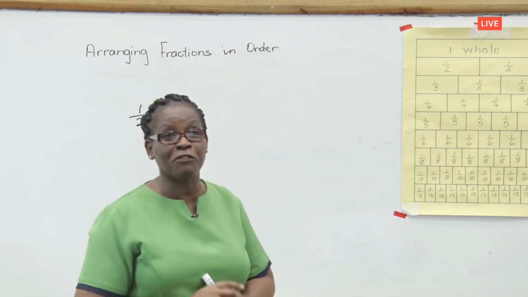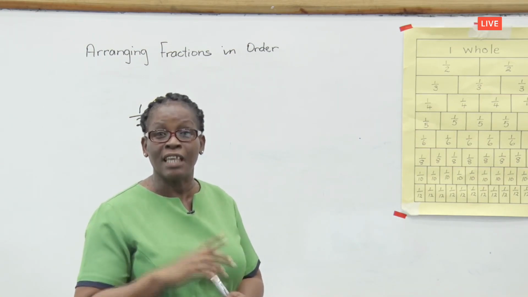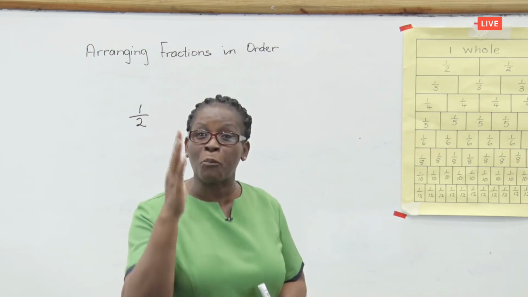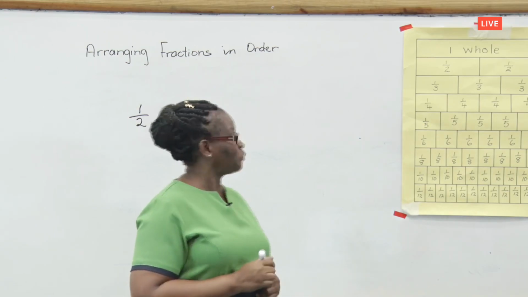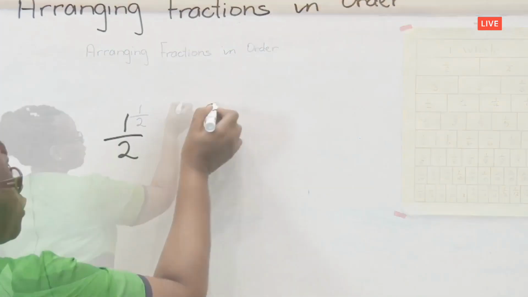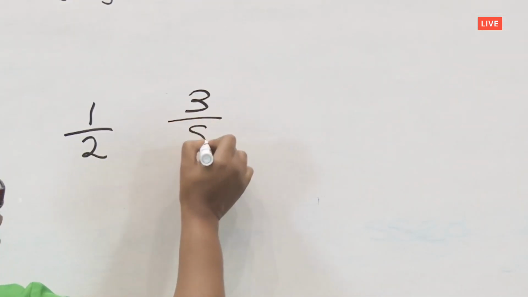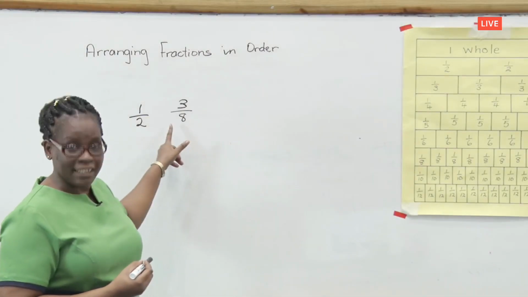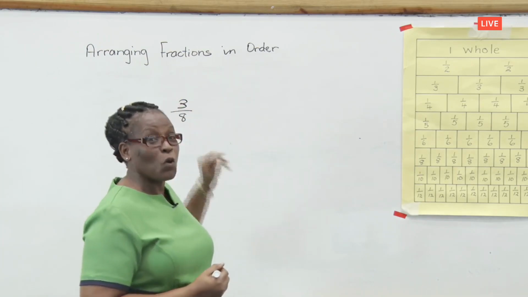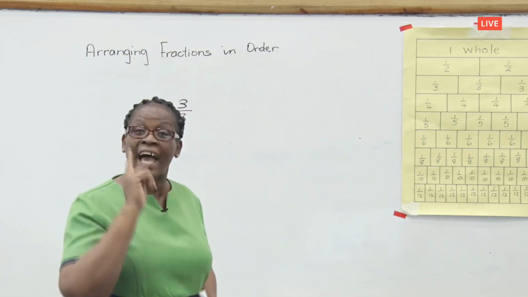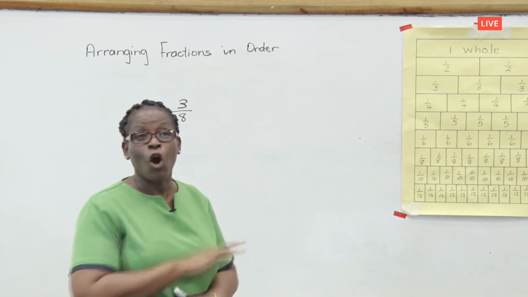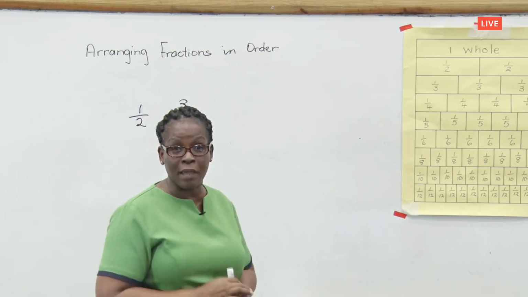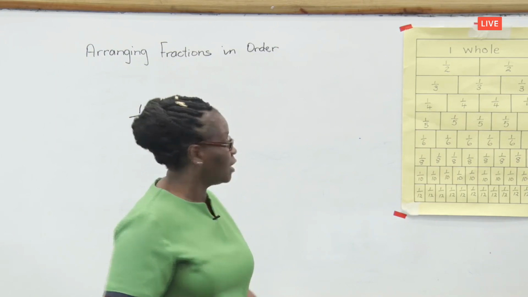Can you give me another example of a fraction? Yes, proper fraction. How do I write a proper fraction? Yes, 3/8. So don't tell me 3 over 8, because fractions have names. All fractions have names. So we must call them by their names.